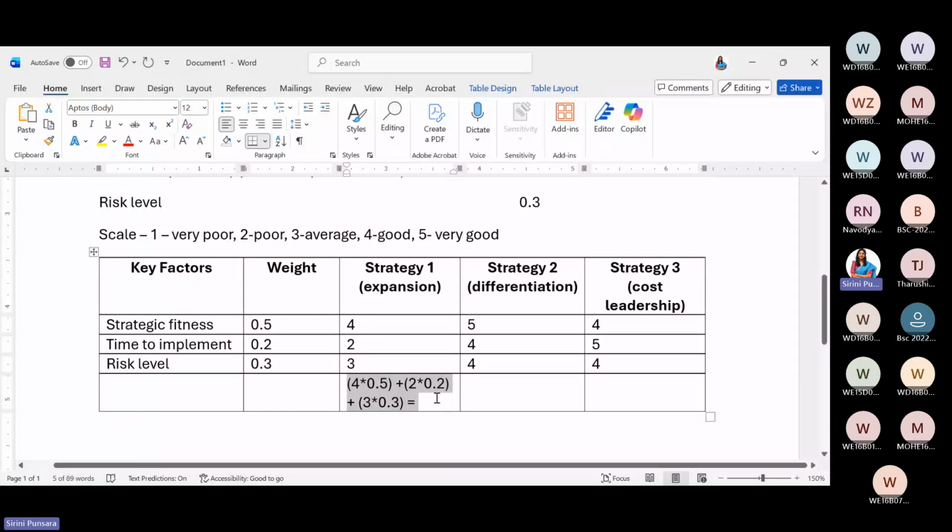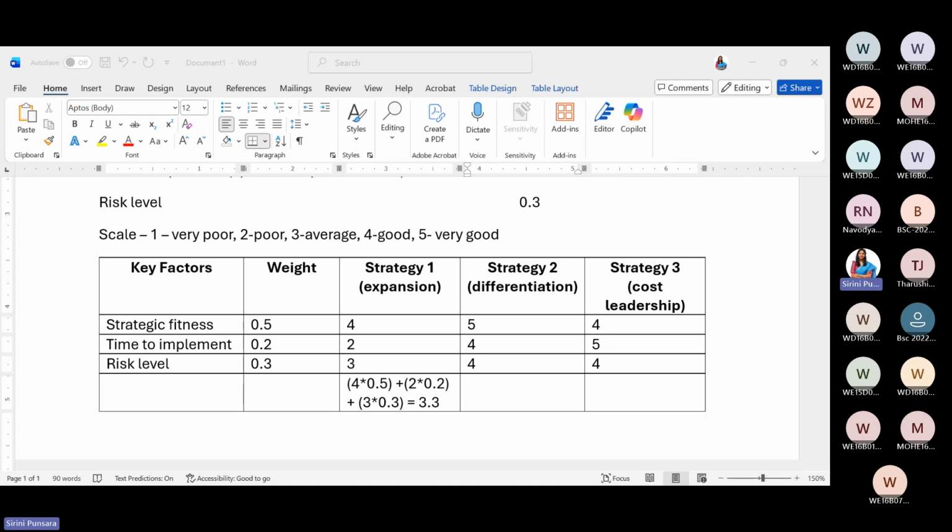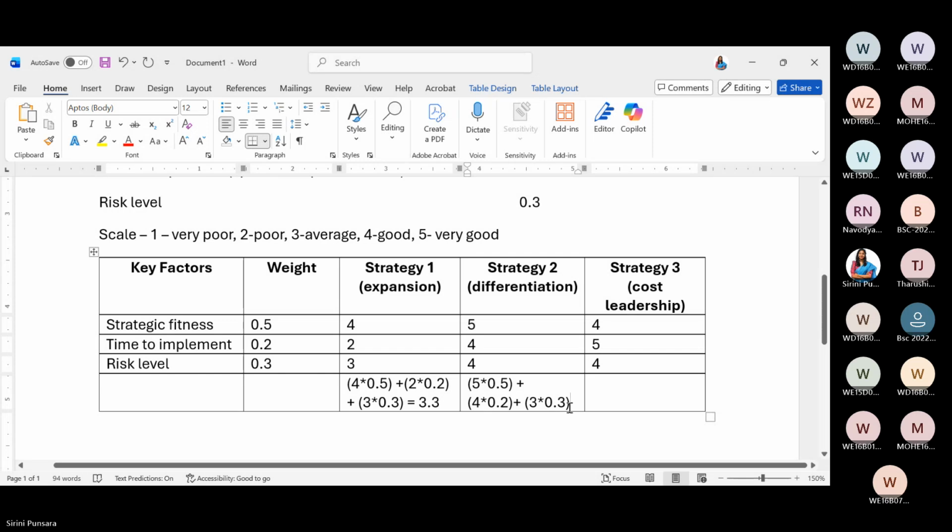Like 3.3. Like that, we will be doing the other two strategies as well. So I will put values. Five into 0.5. So these are the calculations.